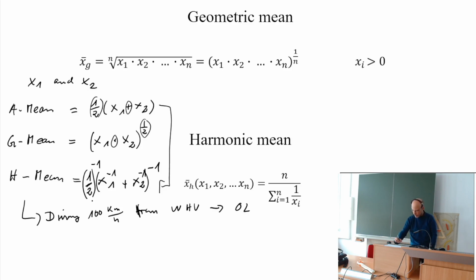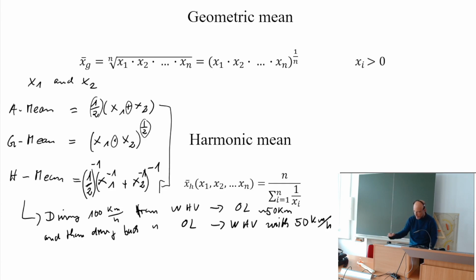Let's say this is, I don't know, 50 kilometers or something like this. It's easy to calculate if we take 50 kilometers. And then driving back from Oldenburg to Wilhelmshaven with 50 kilometers per hour.